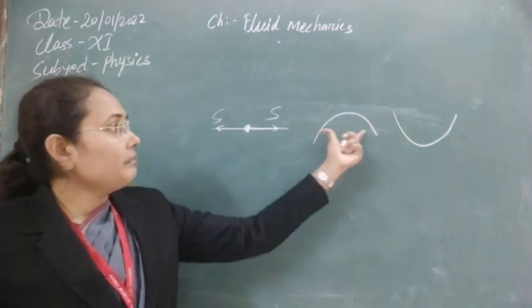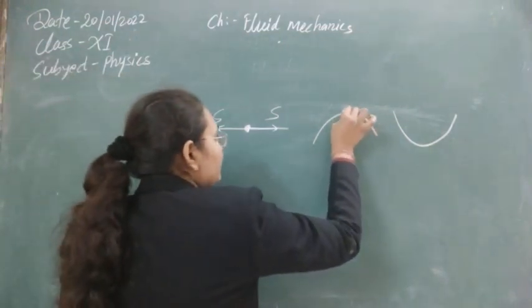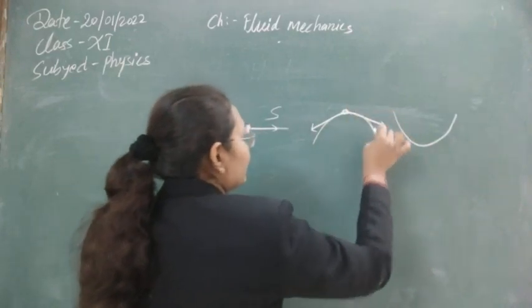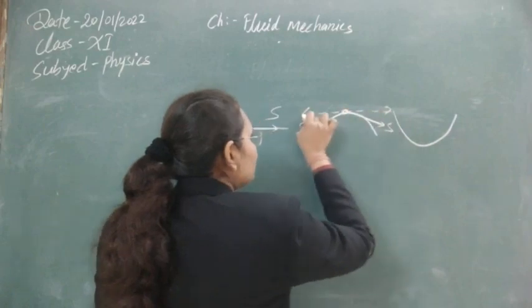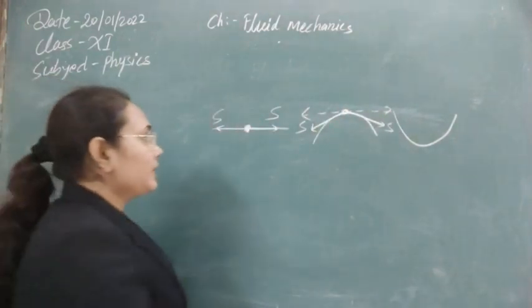But whenever we have curved surfaces, like this kind of curved surface, and we see the direction of surface tension in the tangential way, these are the directions of the surface tension here. So we can have two components of the surface tension, a horizontal component and a vertical component.